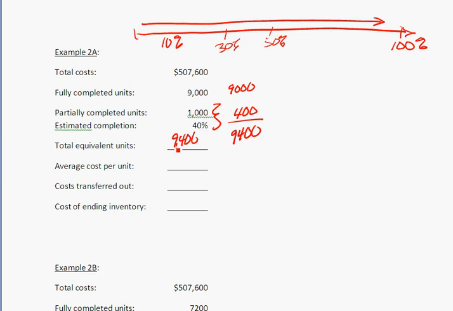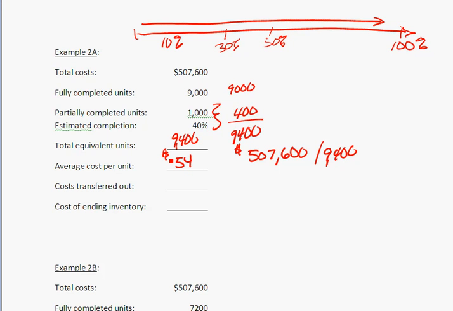Now when we calculate our average cost per unit, we'll take our total cost of $507,600, divide it by our 9,400 equivalent units, and we get a cost per equivalent unit of $54.